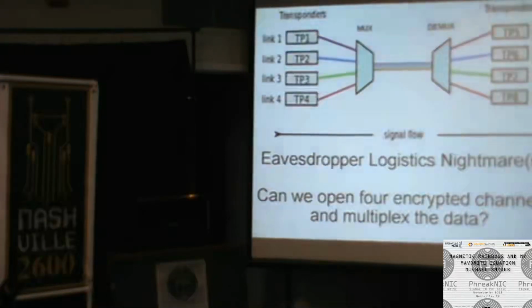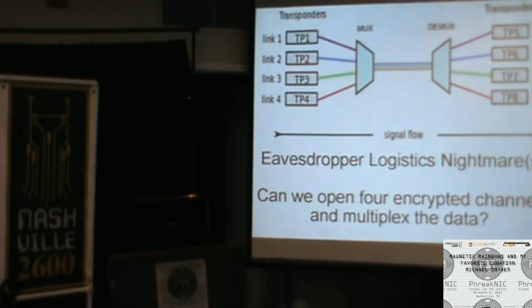Another possibility is, what if you open a few tunnels instead of one encrypted tunnel? Maybe have 3 or 4 encrypted tunnels, and then, using round robin, pass the data to different encrypted tunnels at different times.